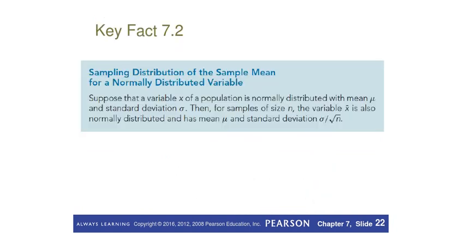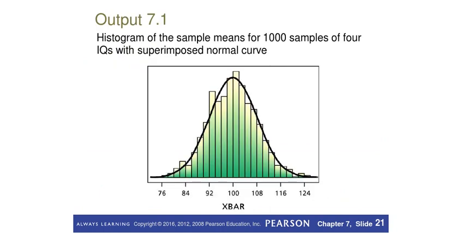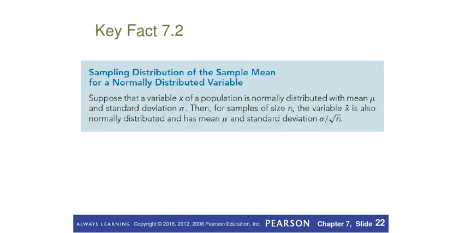Let's go back here. Sure enough, 100, here's 108, here's 92, 8 away. That's exactly one standard deviation away from the mean.